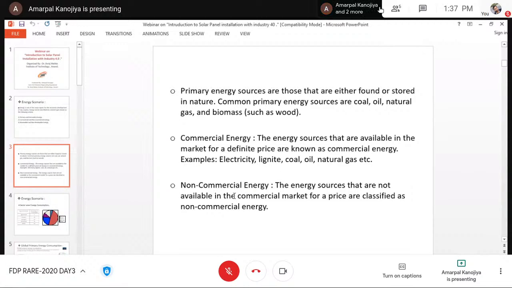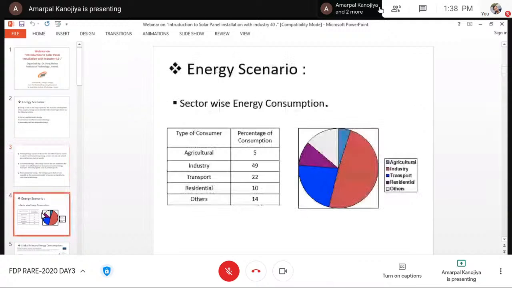Now, next is non-commercial energy. Non-commercial energy is the energy that is not available in the commercial market for a price, like solar. This is the overall energy scenario of India.